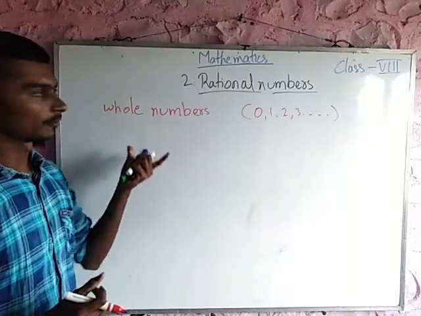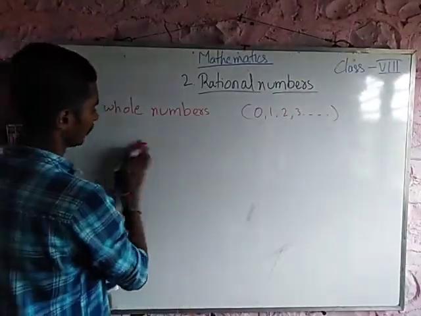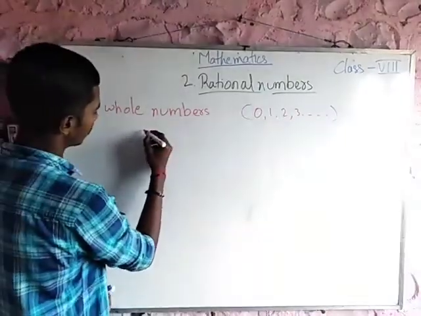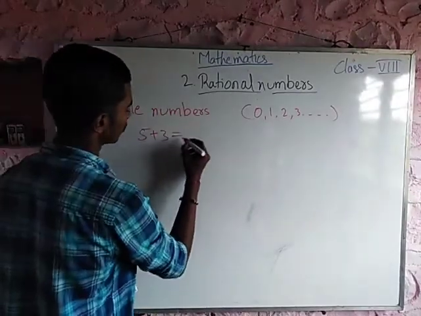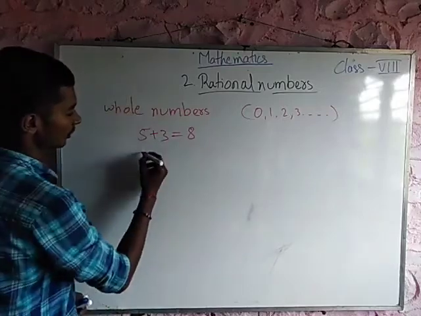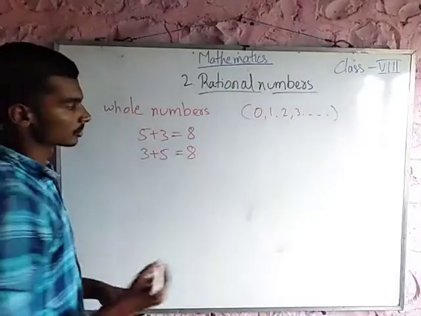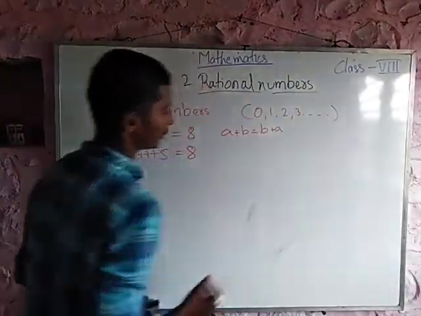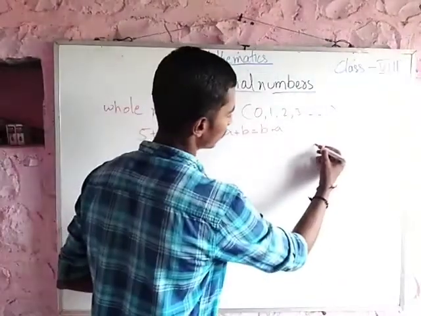Let us check if whole numbers are commutative under addition. The operation will be addition. The example I take is 5 plus 3. 5 plus 3 is equal to 8 and the other way, 3 plus 5, is equal to the same 8. So a plus b is equal to b plus a. This is for whole numbers. So whole numbers are commutative under addition.